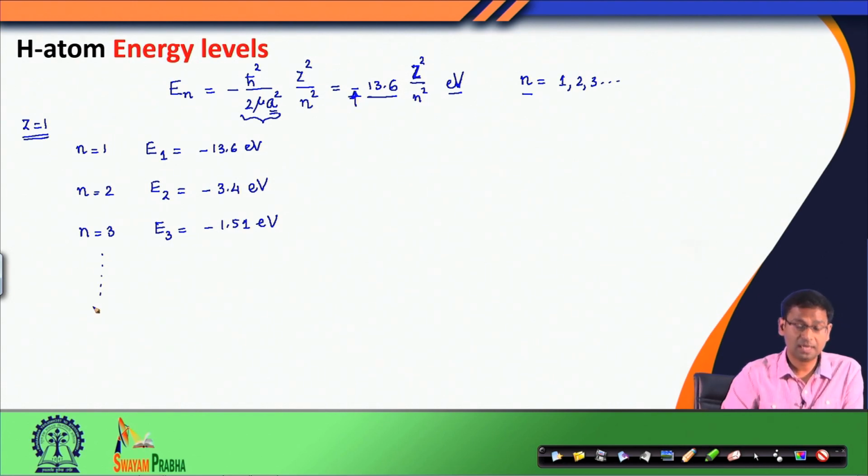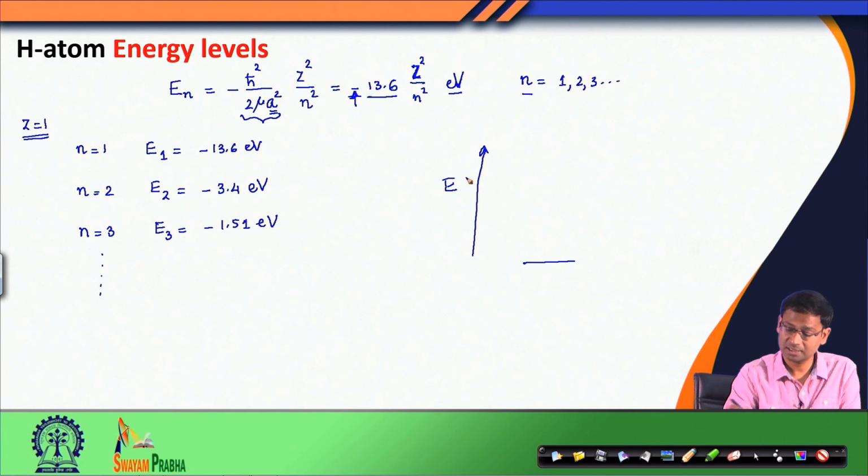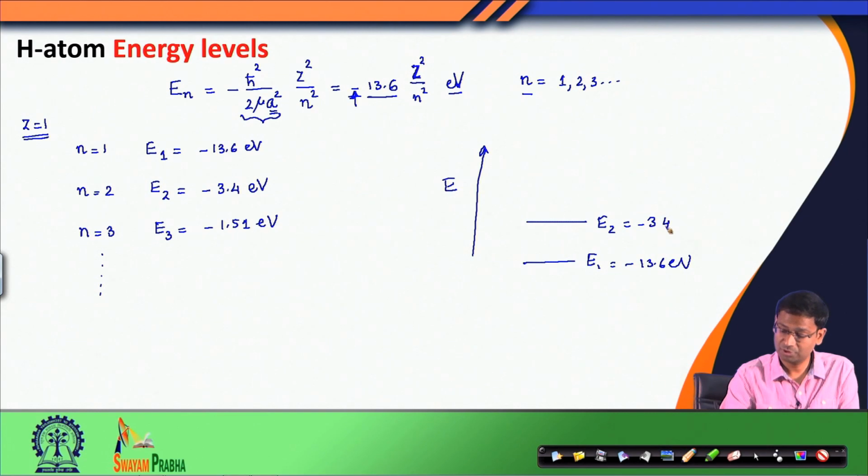Similarly, you can continue with higher and higher values of n. If I have to plot this energy level, so this is my energy axis. E 1 turned out to be minus 13.6 electron volt, E 2 minus 3.4 electron volt, E 3 is minus 1.51 electron volt.